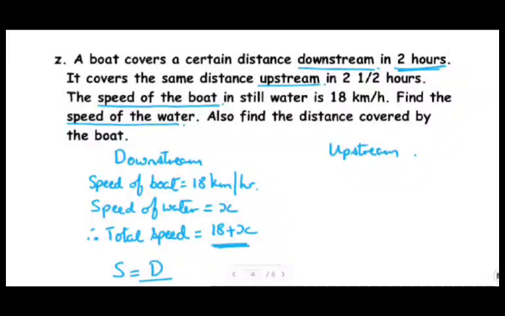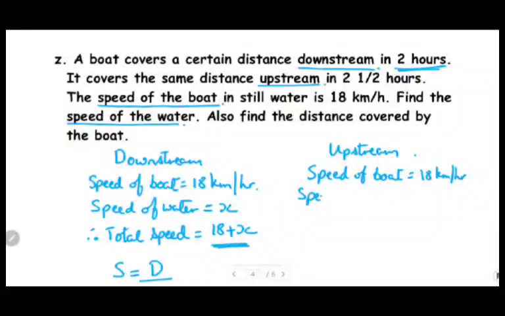For upstream, I don't think I need to take the speed of water as positive, because the speed of water is going to work negatively on the boat. So I'm going to write it as negative x. Okay, so speed of the boat is 18 kilometers per hour in still water.